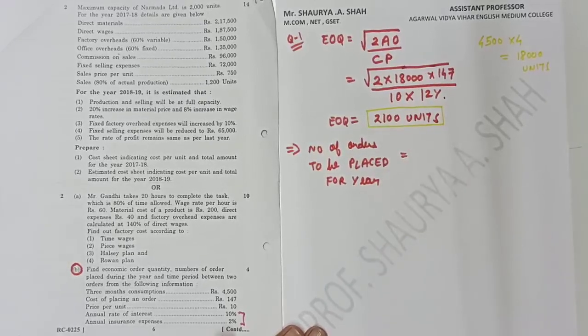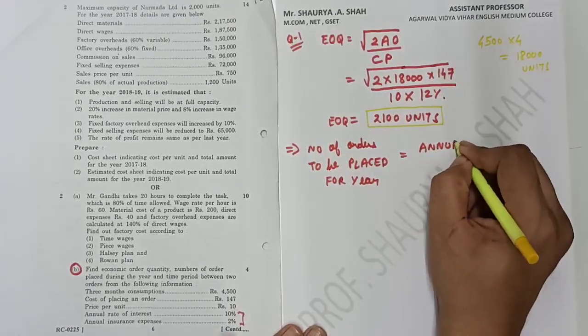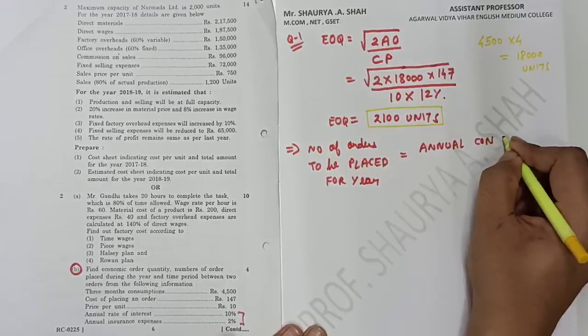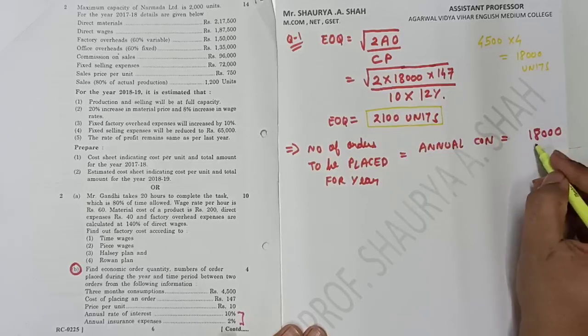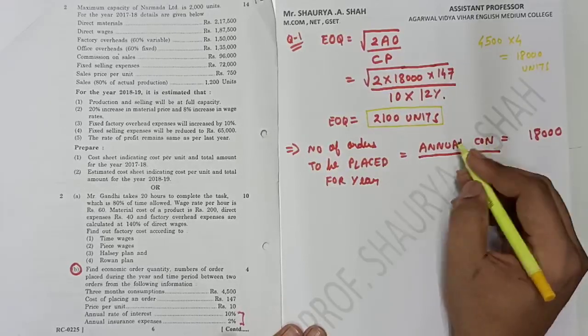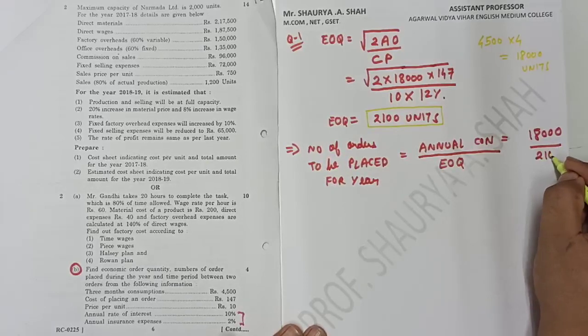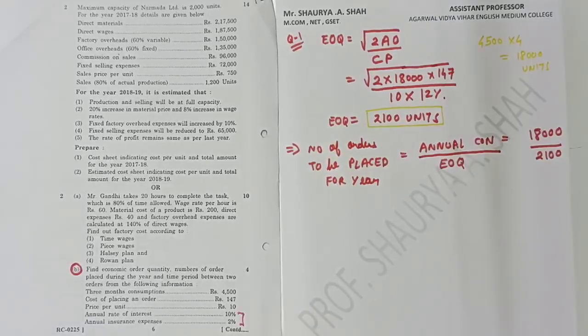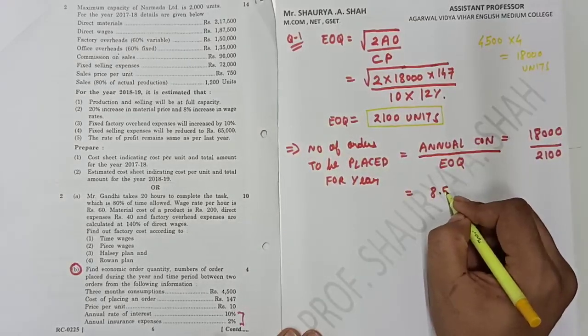What is my total annual consumption, students? Total annual consumption is equal to 18,000, we just now found it out, 18,000 divided by your EOQ. What is EOQ? EOQ is 2100 units. So if you divide 18,000 by 2100, I'll get the answer of 8.57.